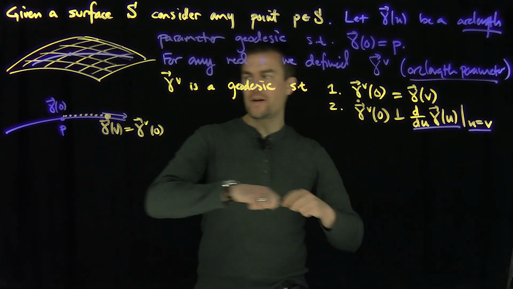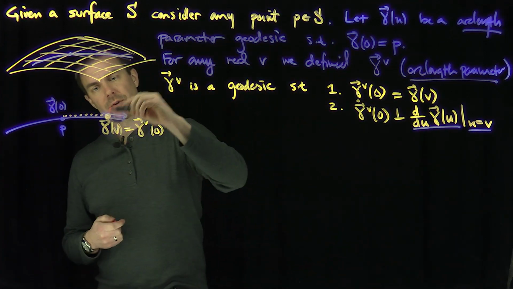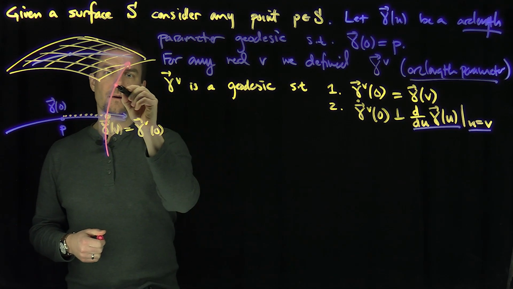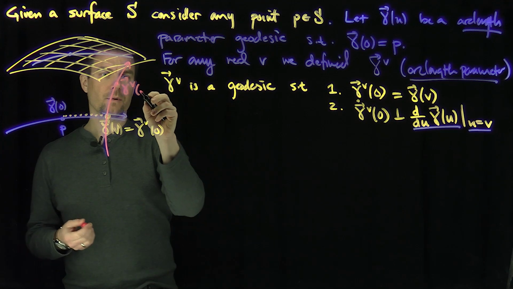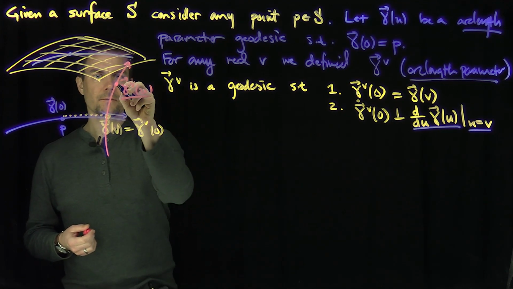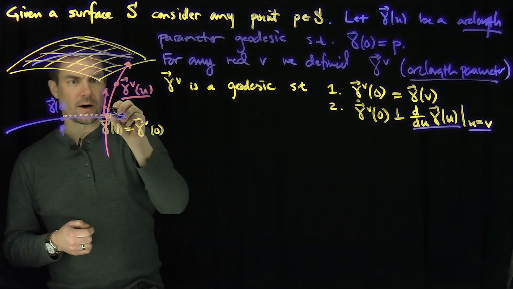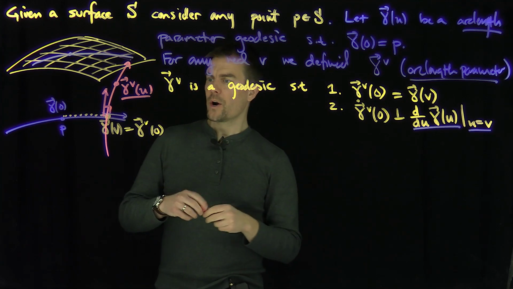Second, this gamma v curve is going to look like this, perpendicular to it. So it's going to be just like this over here. This is going to be my gamma v at a different point, say for example at a point u like that, okay? But I know that the tangent over here has to be perpendicular, right? I want to use coordinates now using these geodesics.